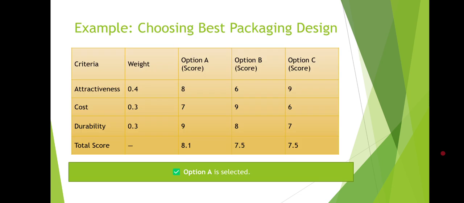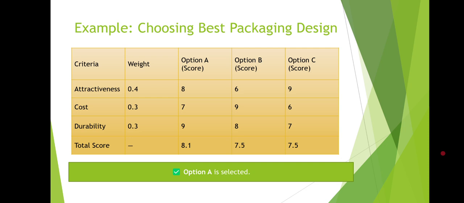For example, choosing the best packaging design. Here we have three criteria. First criterion we have attractiveness. Second criterion we have taken here cost, and third criterion durability. And we give the weight with respect to the different criteria.